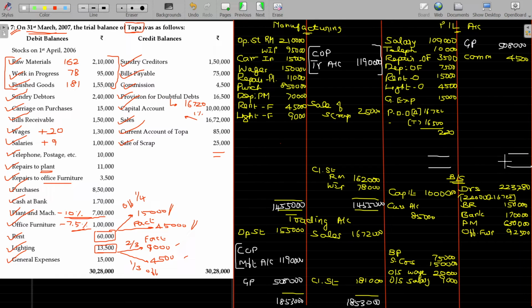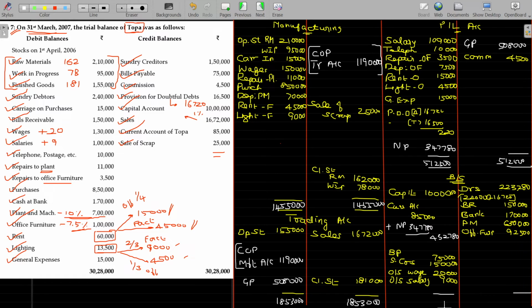If you tally this, 5 lakhs 12,500 and 5 lakhs 12,500, you will be getting the net profit here. Hope the net profit being 3 lakhs 47,780. That will be added to the current account. Then the current account becomes 4 lakhs 32,780.